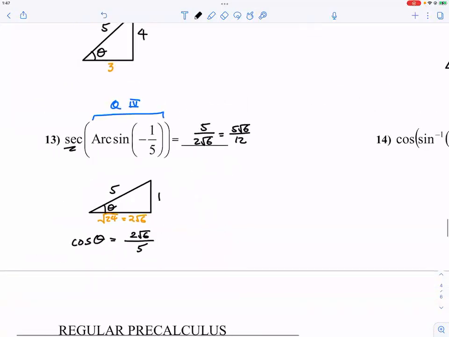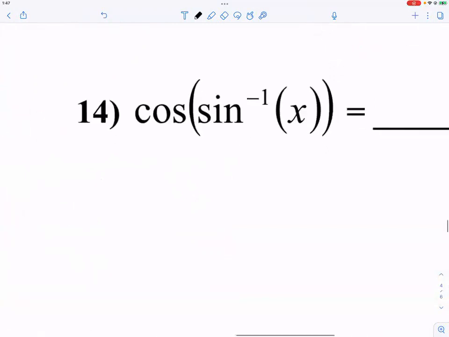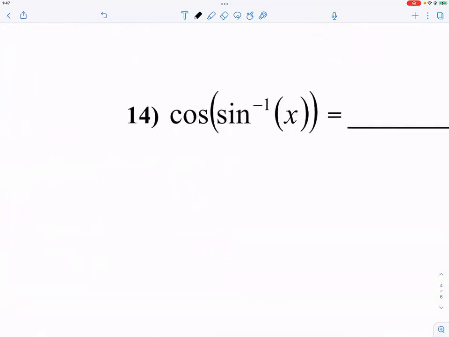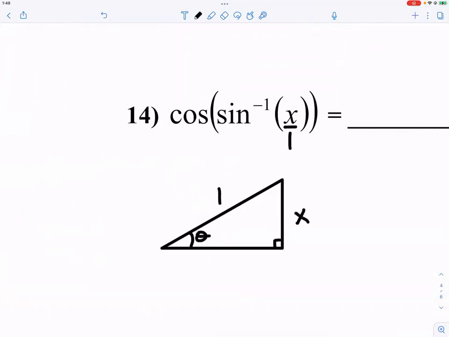And then for number 14, it looks a little bit strange because it doesn't have a ratio, or do we? Do we have a ratio here? We're looking at x by itself, but we can interpret x as a ratio, that is x/1. And if you can express that x as x/1, then you have yourself a right triangle, which is x as the opposite and 1 as the hypotenuse.